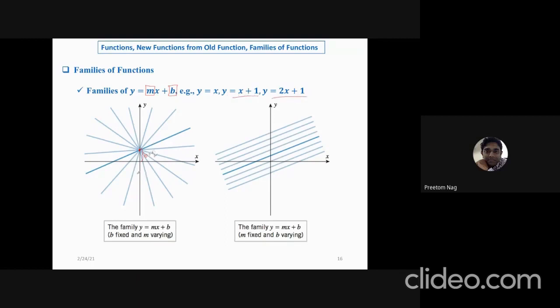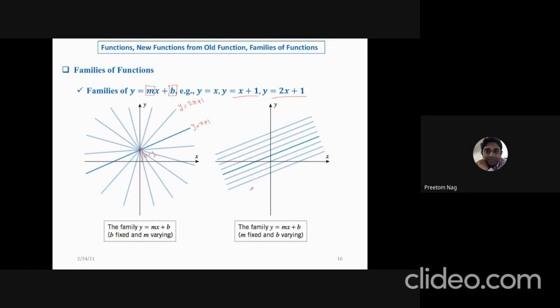If this is y equals x plus 1, then this can be the possibility for y equals 2x plus 1, because the slope is increased by 1. Here the slope is 1, here the slope is 2, so the line will be steeper than this one.